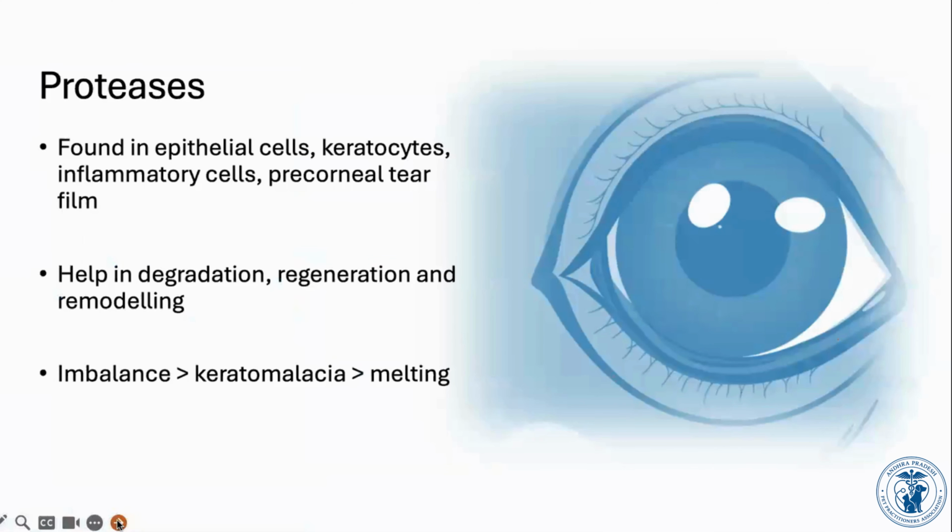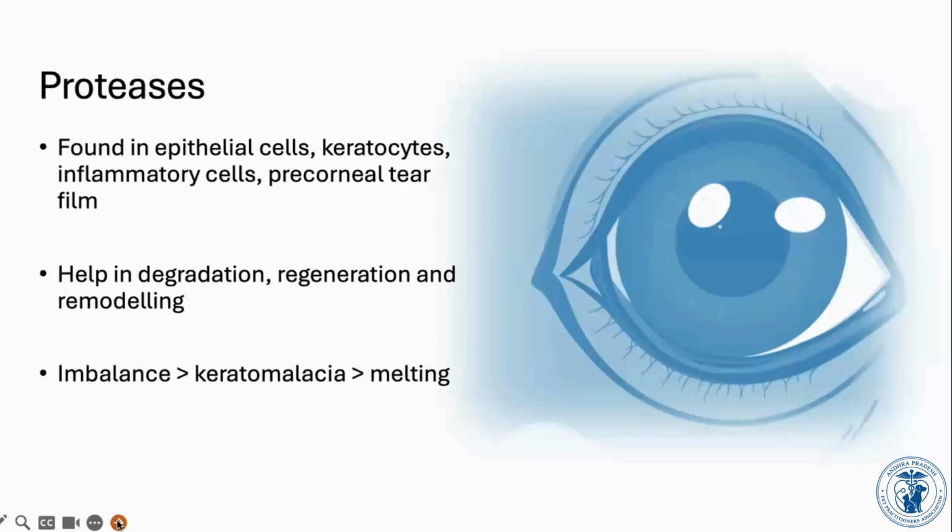When corneal healing is concerned, there is a role of various enzymes also, and the most common enzymes among them are proteases. Proteases are produced by epithelial cells, keratocytes, inflammatory cells, as well as the precorneal tear film. So proteases have a huge role in corneal healing as they help in degradation, regeneration, remodeling.